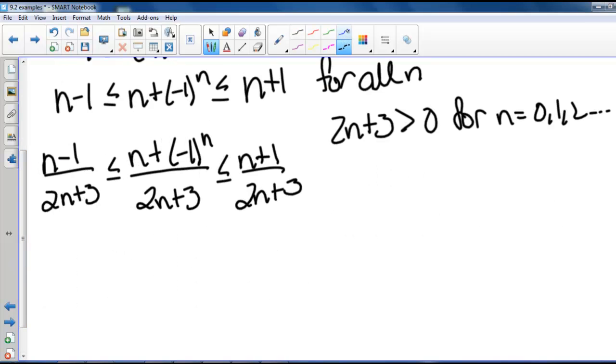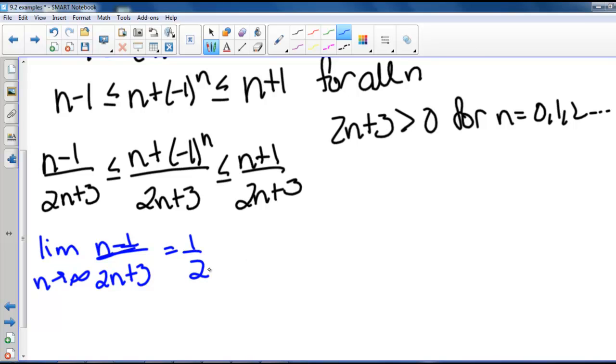So now we want to look at the limit of the sides. So the limit as n goes to infinity of n minus 1 over 2n plus 3, we'll find that this limit equals 1/2, and the limit as n goes to infinity of n plus 1 over 2n plus 3 is also 1/2.